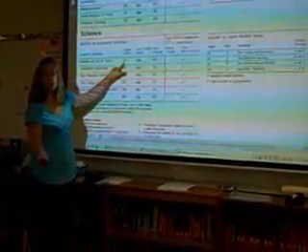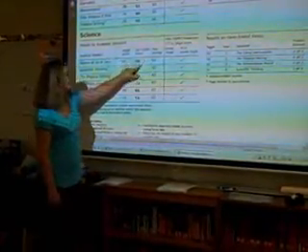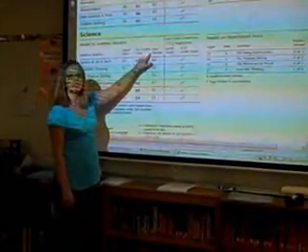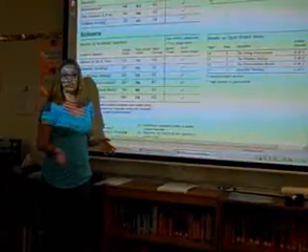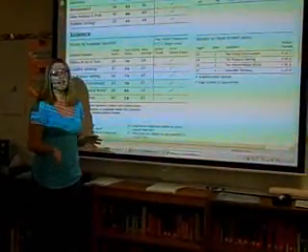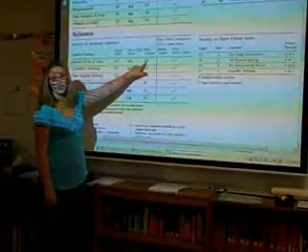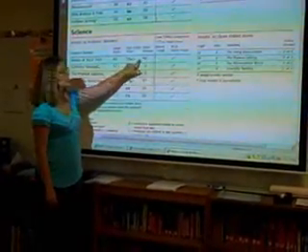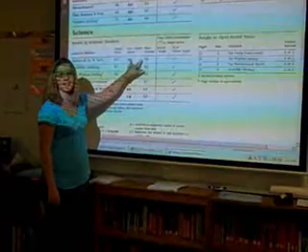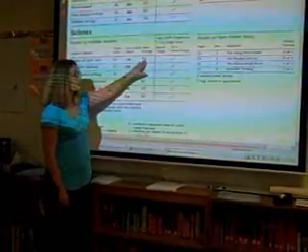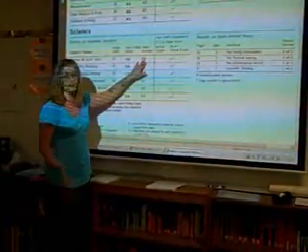So they did above what they needed them to do. The state average. Now this is where they take all of the scores for the 6th graders in the state and average them together. So the average 6th grader got 64 points here. So you can compare your score to the state average to see if you did better than most kids, about the same, or maybe a little bit worse.